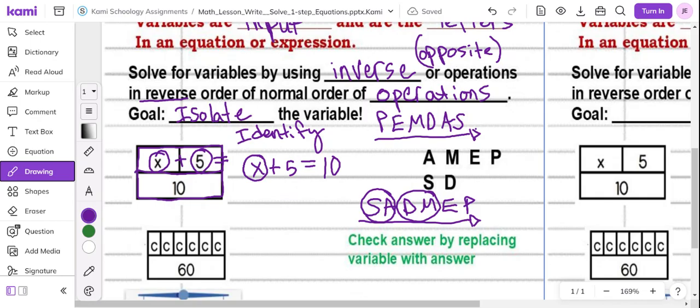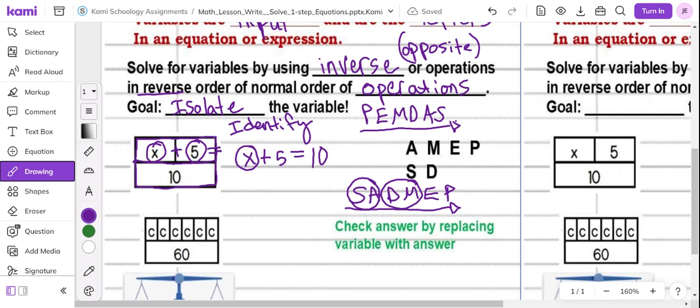The variable term is the side that you're going to focus on to start to solve. And then what is happening to the variable? Is something being added or subtracted to it? Something is being added. So the opposite of adding is subtracting. And when we do an operation to one side, we're going to do it to the other.